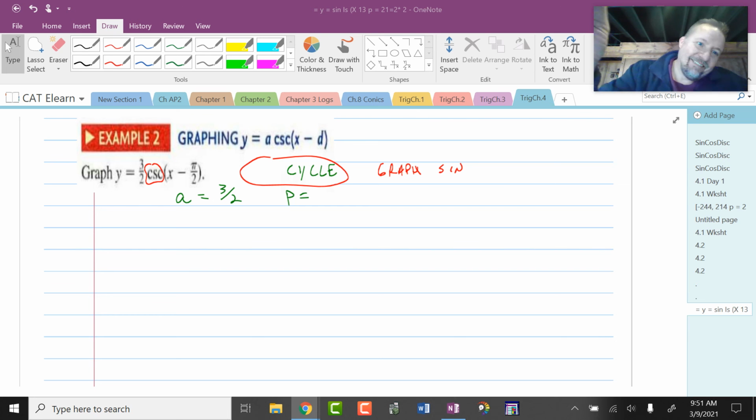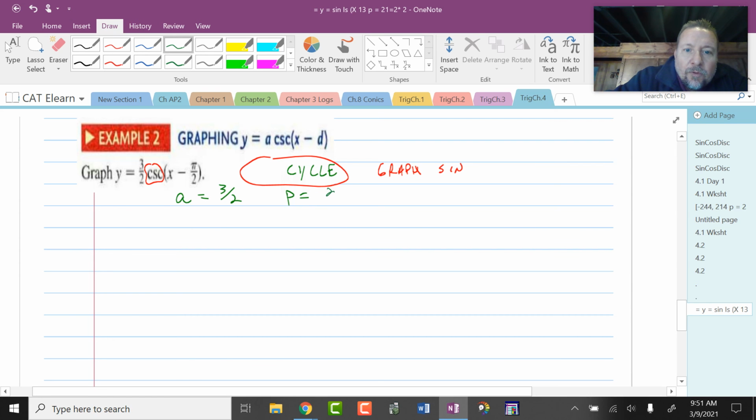All right, here we go. I don't lie. But anyway, 2 pi over 1. We're only going to graph one cycle when we have right left shifts. But then I'm going to back off on that, because this one ends up being easy because of the way the phase shift works with the period.